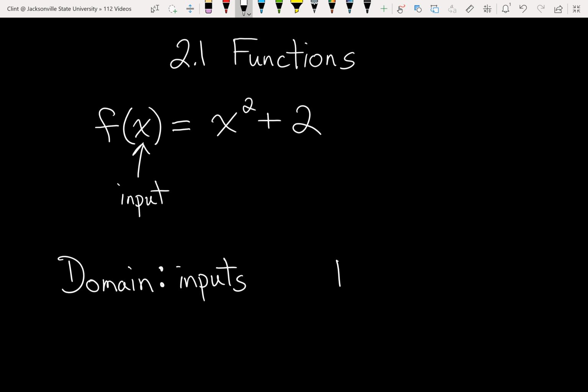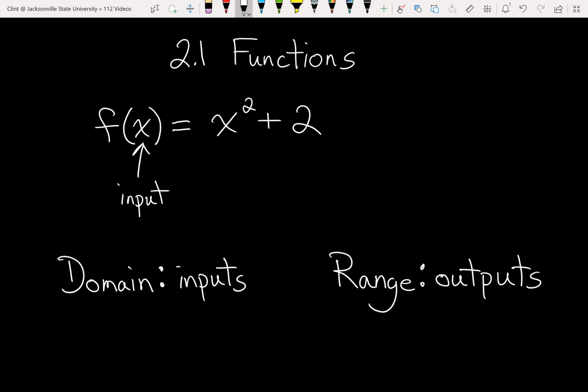And the values that we can get out as outputs of our function, we call those the range. The range are the outputs, all the possible outputs we could get out of this thing. So here we've got a mathematical rule. If we try to use 2 as our input, we're not going to get an elephant out of this thing.